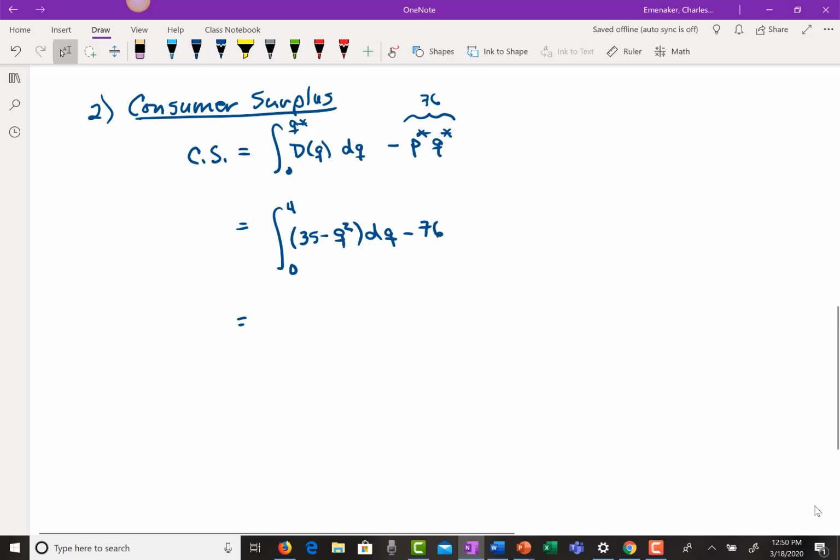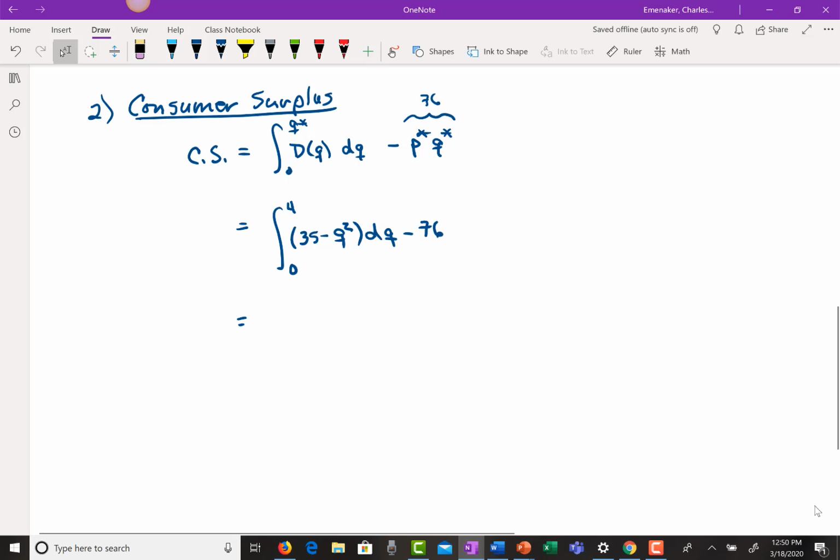On these particular problems, you can work them out either by hand, or if you want, you can work them out on the calculator using the Math 9 option. I would put in the 35 minus the x squared, comma, going to run from 0, comma, 4. Oops, need to put in an x first. We're going to integrate with respect to x, comma, 0, comma, 4.